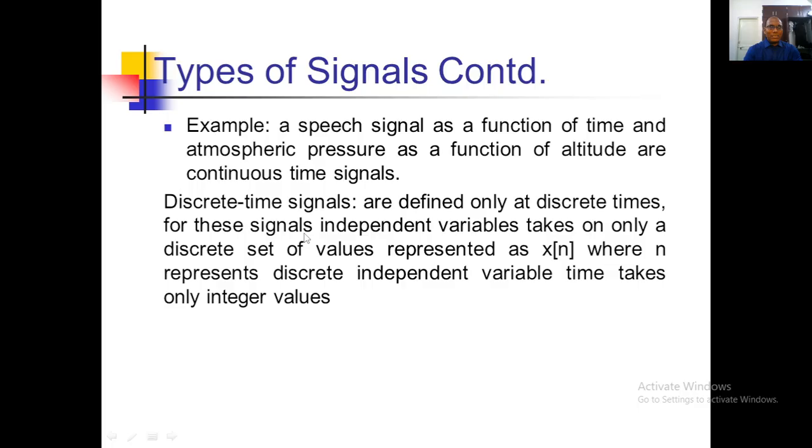Discrete time signals, see, are defined only at discrete times. For these signals, the independent variable takes on only a discrete set of values, represented as x of n, where n represents the discrete independent variable, and time takes only integer values.